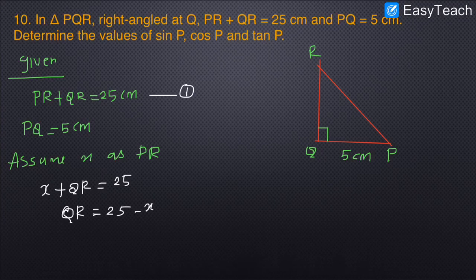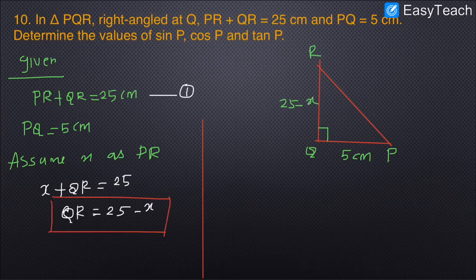So, now we can derive QR equal 25 minus x. So, for now this is the value for QR, 25 minus x. Now, we know the two sides, right? To find the third one, what do we use? Using the Pythagoras theorem. So, the same method I am going to use here also.